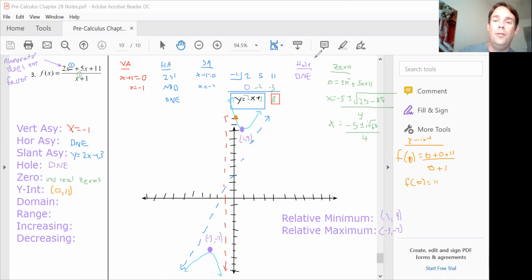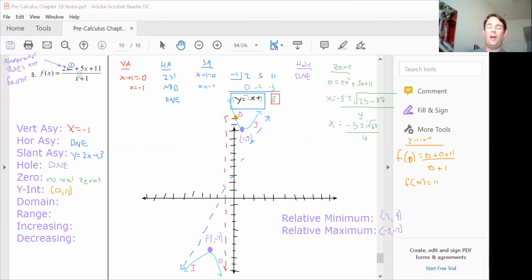So again, you can see how we have the hill down here. And we know it's a relative max because the graph goes from increasing to decreasing. And we know that this is a relative minimum. You can see the valley up here at the top because it goes from decreasing to increasing at that relative minimum.